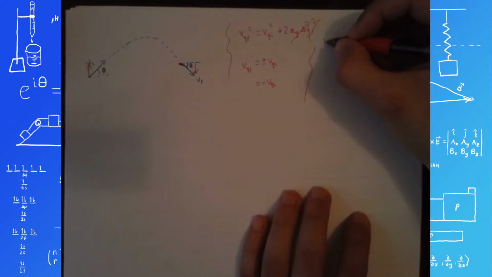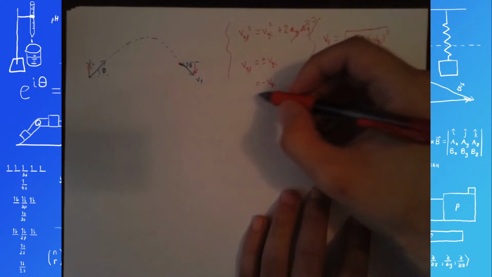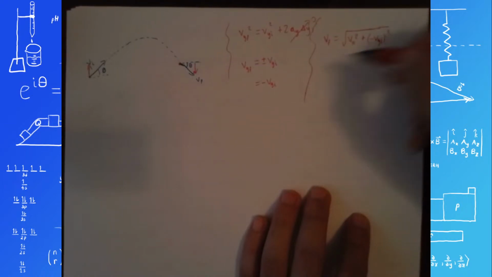So V final is going to be the square root of Vx squared plus the square of negative Vy initial, which is Vy final squared.